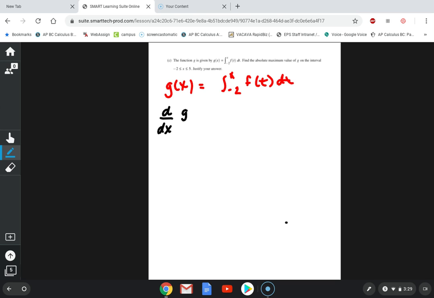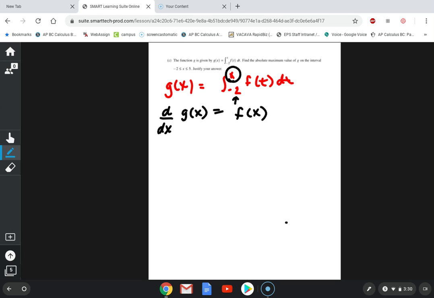So we're going to take the derivative of g of x, which is equal to, using the second fundamental theorem of calculus, when the upper boundary is a variable and the lower boundary is constant, and we want to find the derivative of the integral, we can substitute that in. So we're going to have f of x times the derivative of x, which is 1, and then the constant disappears.